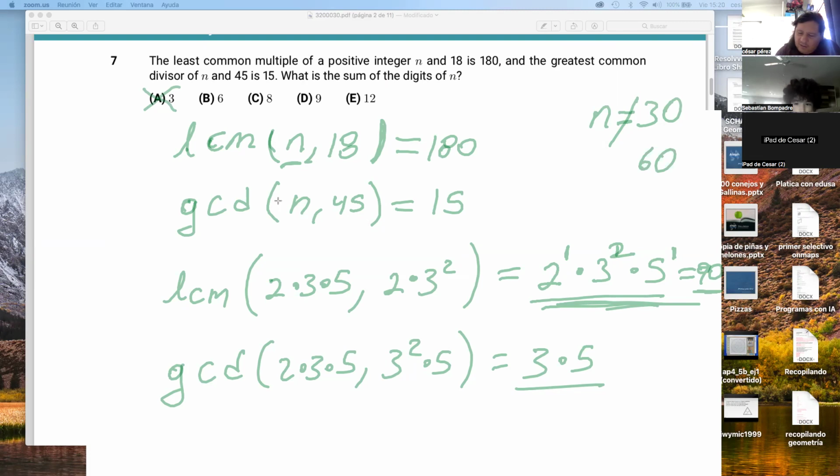We use 60. We will have 2 squared, and we will have here 2 squared. Okay. So we will get 180, and still we get 15 in this one. Okay. So the answer is B.